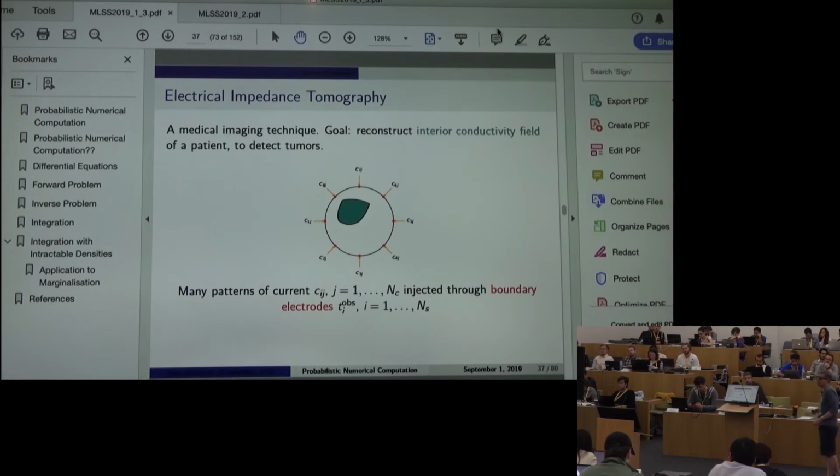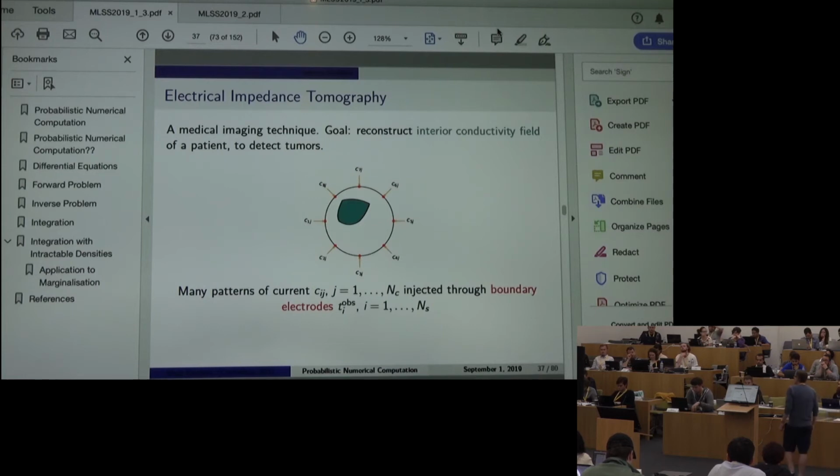Imagine that we have some contained body, just represented by this circle, and there's stuff inside, and what we're interested in is this blue blob here, which could be something that we want to identify.